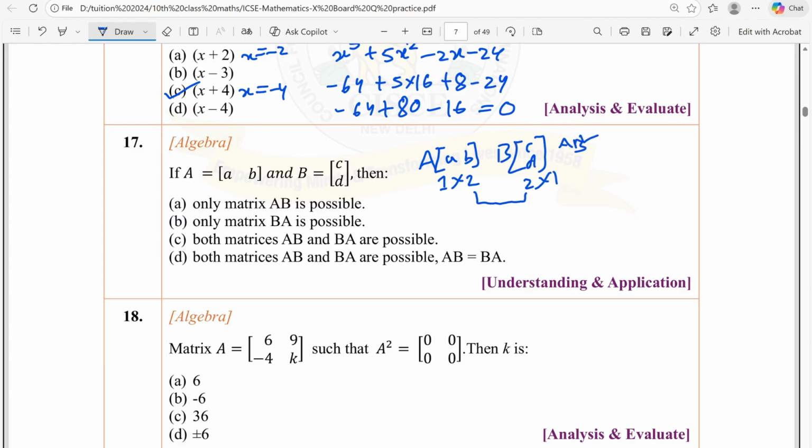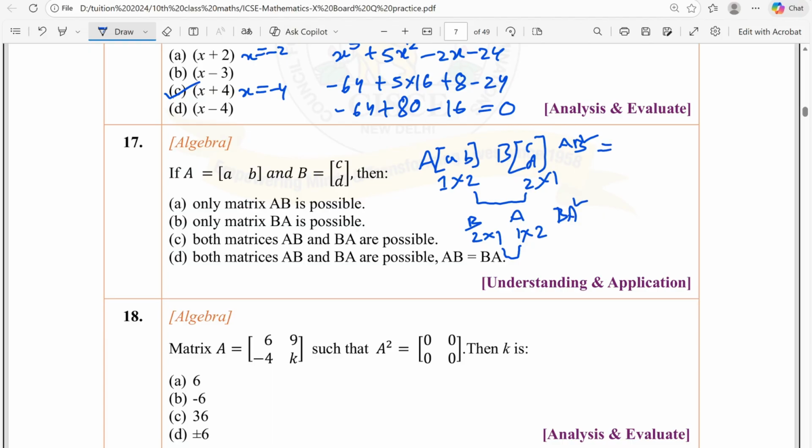Then for BA, see, this is B, 2 by 1, and A, 1 by 2. The number of columns of the first matrix should be equal to the number of rows of the second matrix. So BA is also possible. Now what is AB?